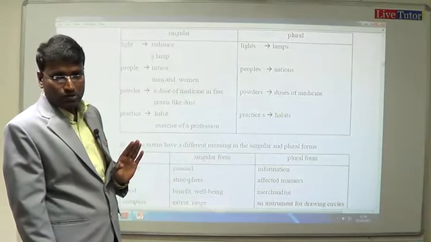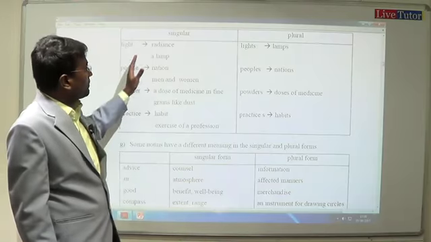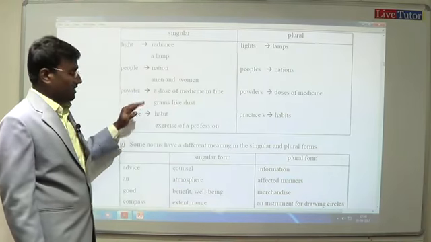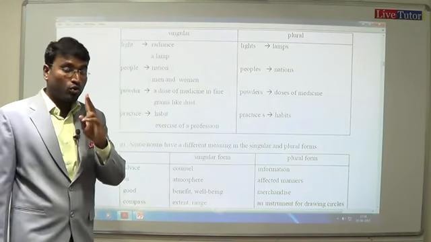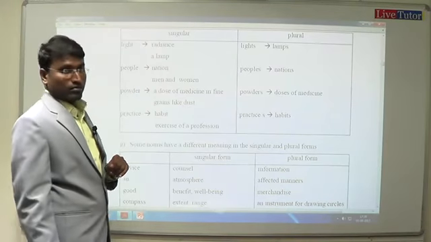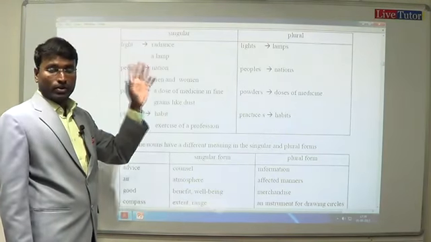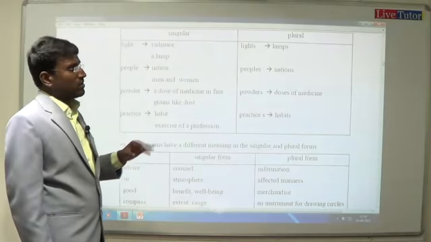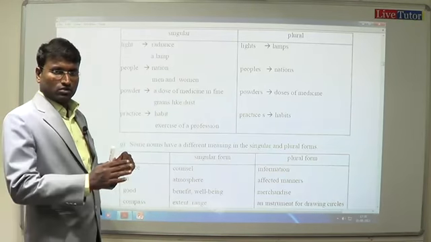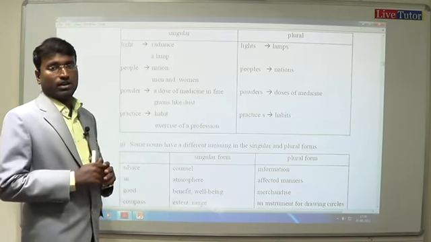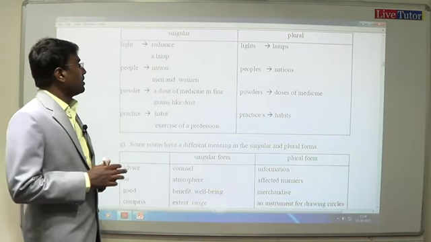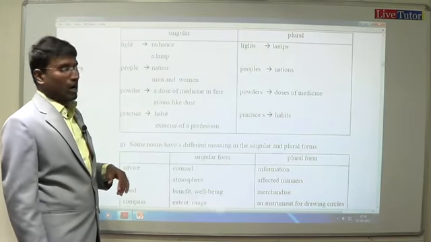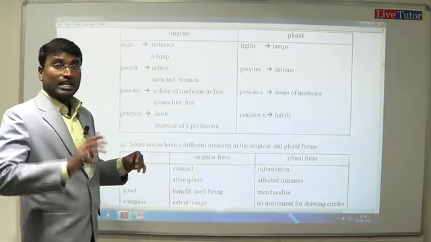Have you understood? So in the singular form, the so-called word has two meanings. That is what the rule has said. Two meanings it has. Whereas in the plural, when you change, it becomes only one meaning. Okay. Then people. Normally people represents nation.